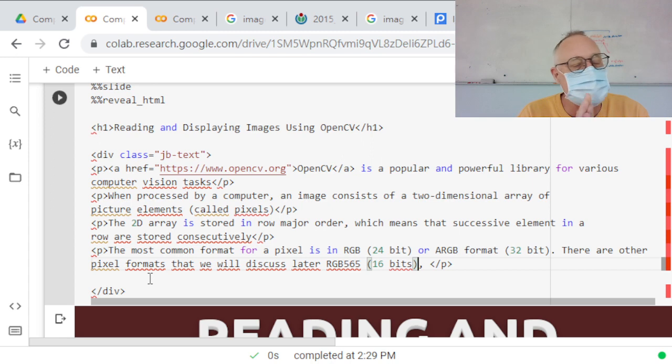That means you only need 2 bytes, so your images will be much smaller, but the dynamic range is going to be a lot less. HSV, HSL, and YUV are other formats for pixels.